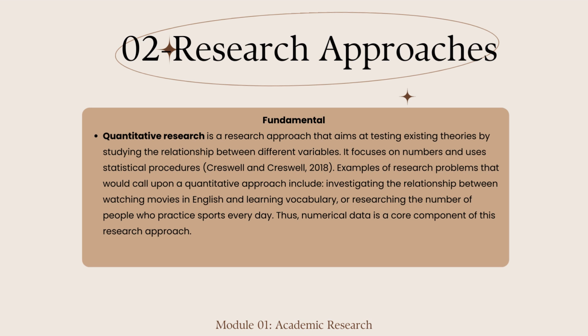Thus, numerical data is a core component of this research approach. So, as we explained previously, numbers are very important in quantitative research. And try to remember this just by looking at the term itself, quantitative. So, we care about the quantity, so it's numbers.